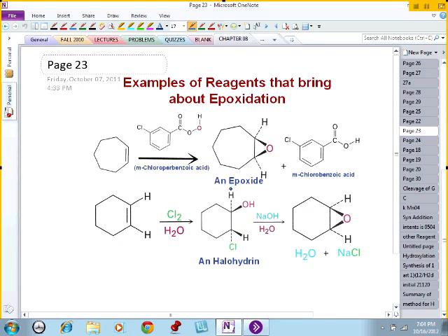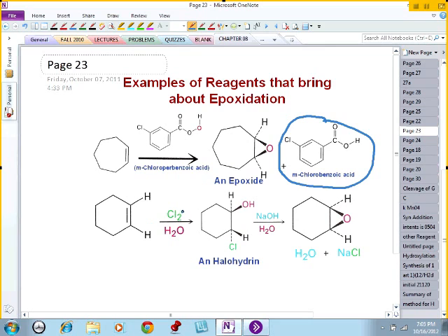This is an example of the epoxidation. You see that right here, using m-chlorobenzoic acid. You don't have to worry about this. This is the byproduct that you form. Our interest is on the epoxidation product.